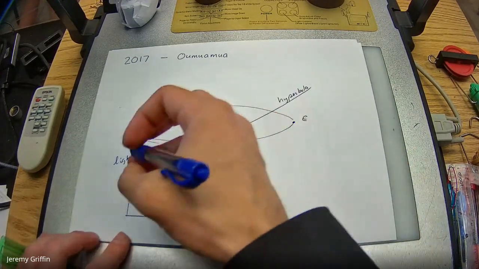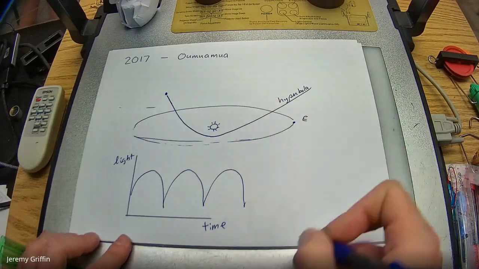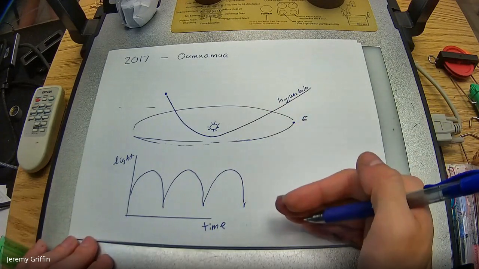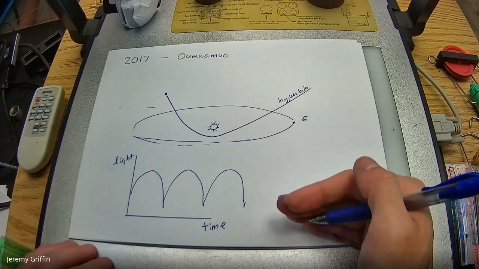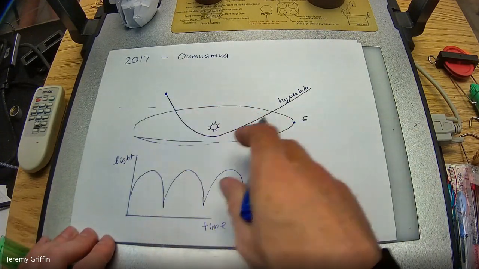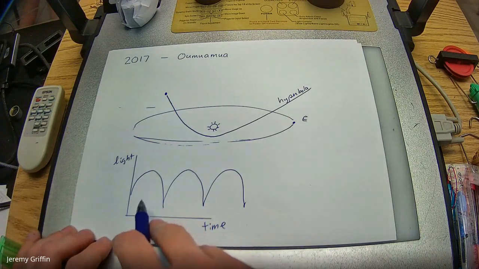It actually looks like this. It gets bright, dim, bright, dim, bright, dim, which is pretty strong evidence that it actually probably is not spherical. Yikes, that's another weird thing about this. So not only is this the first and only interstellar object that's passed by us as far as we know, also it's probably not even spherical.